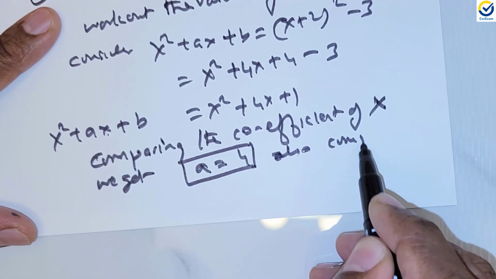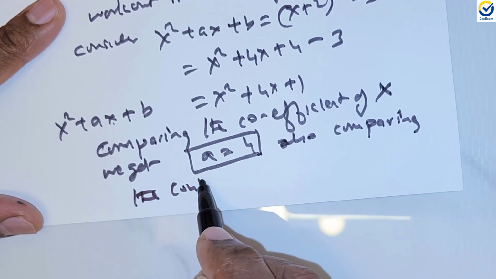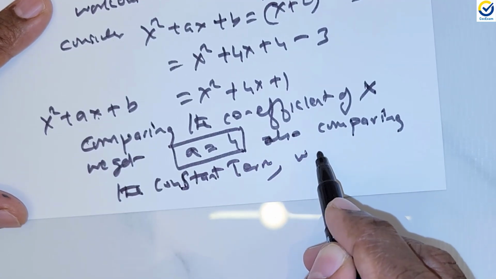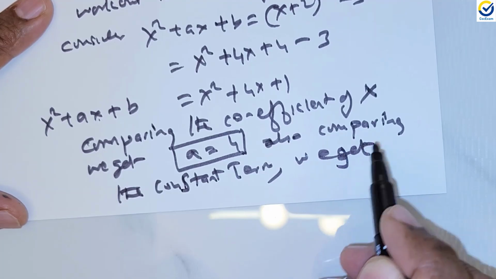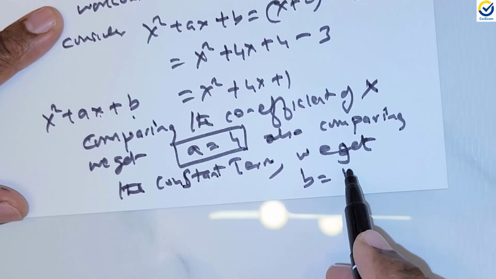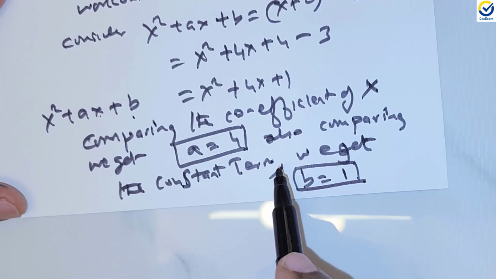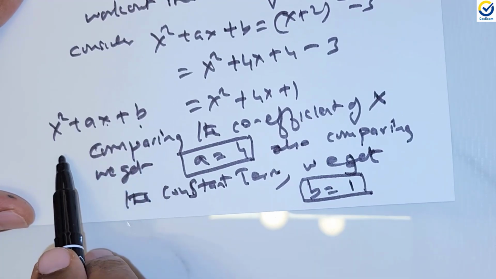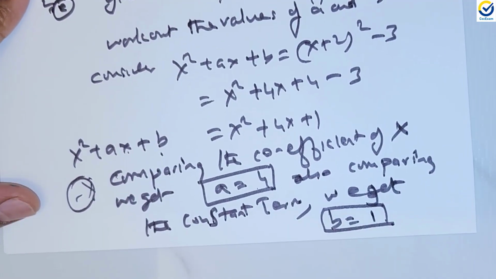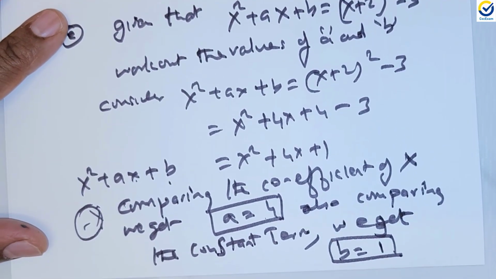Also comparing the constant term, what do we get? b on the left side and 1 on the right side. So b is equal to 1 and a is equal to 4. Okay, so this statement is critical. Only then you can arrive at the solution. So having given you this, let me move on to the next question.